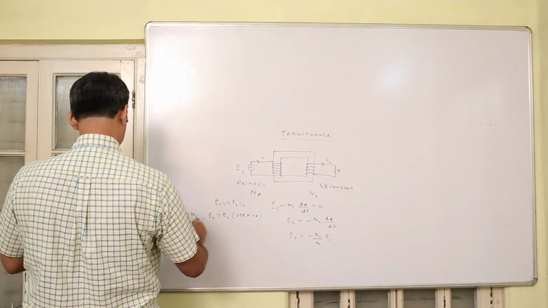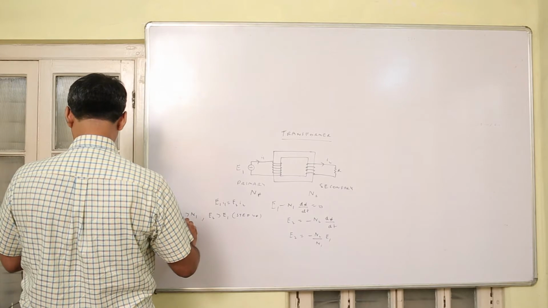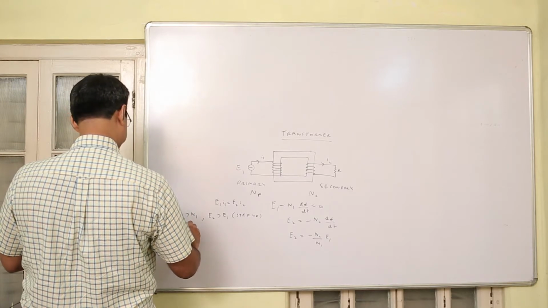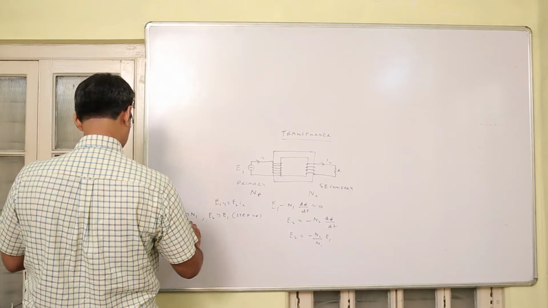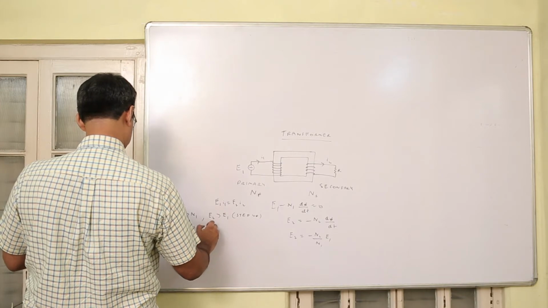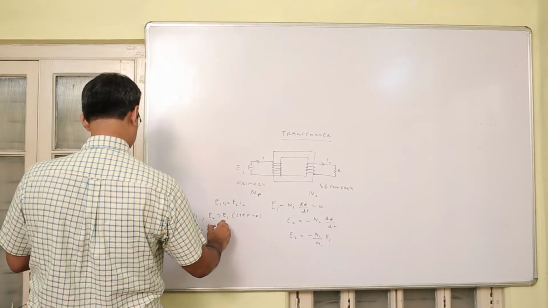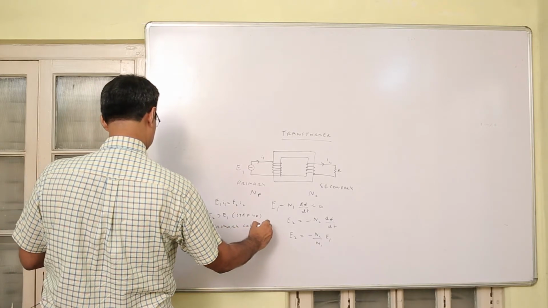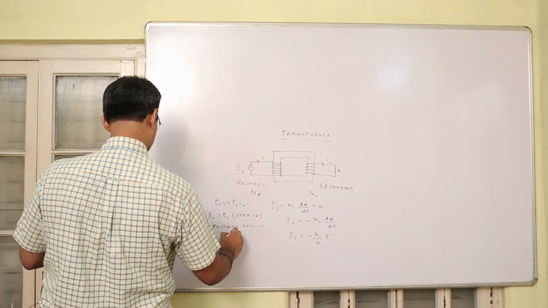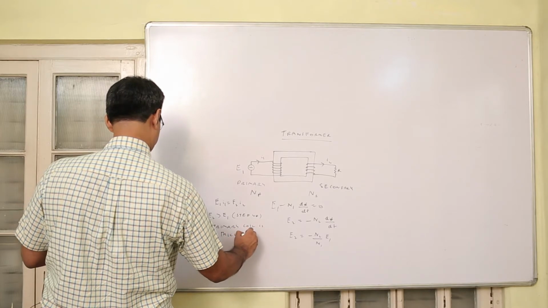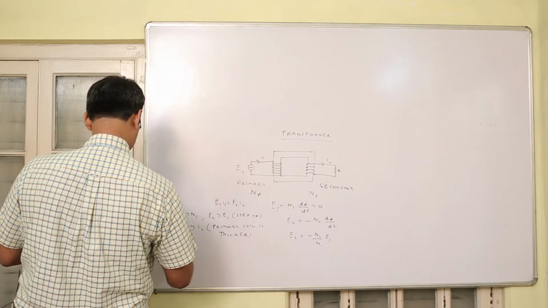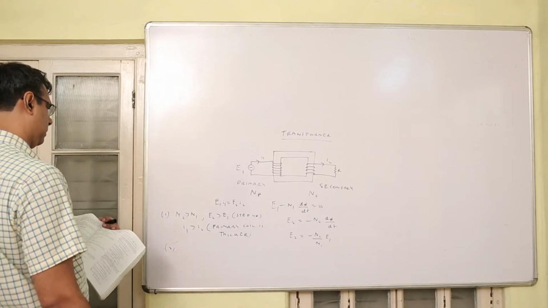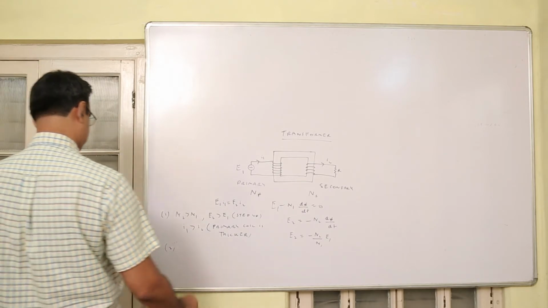But if E2 is greater than E1, we can say that I1 is greater than I2. So that means the primary coil is thicker than the secondary coil. So in any step-up transformer, the primary coil is thicker than the secondary coil.